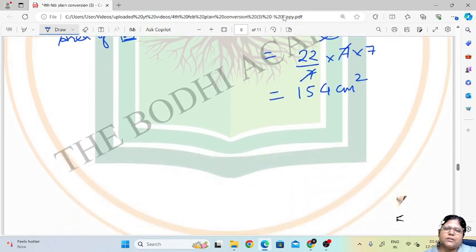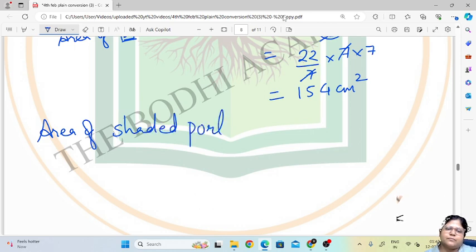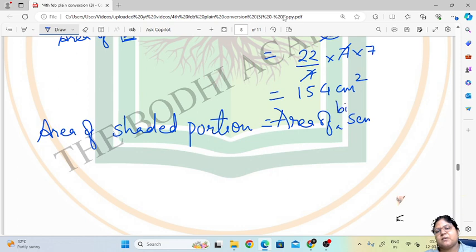Now they are asking for the area of the shaded portion. Area of shaded portion. So area of the big semicircle minus area of two small semicircles.